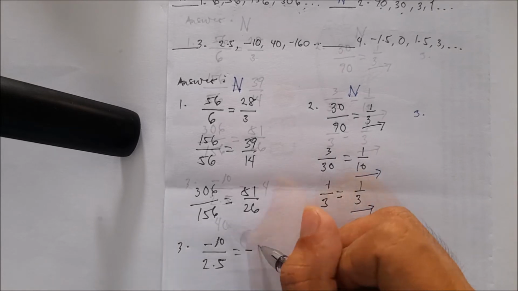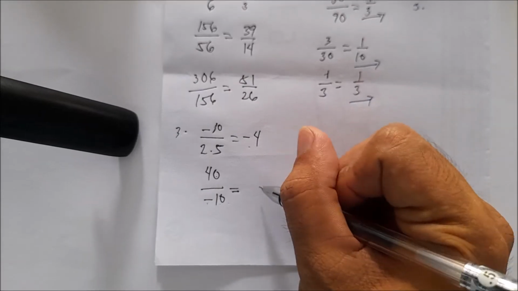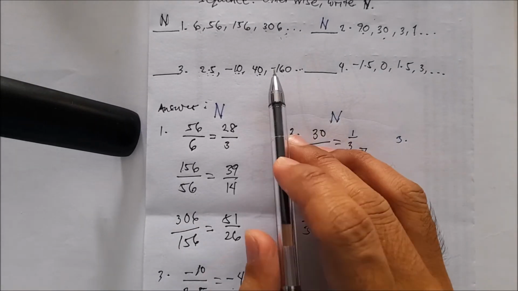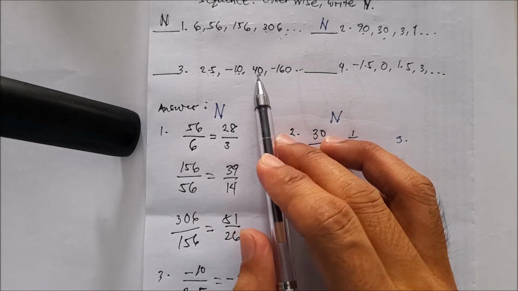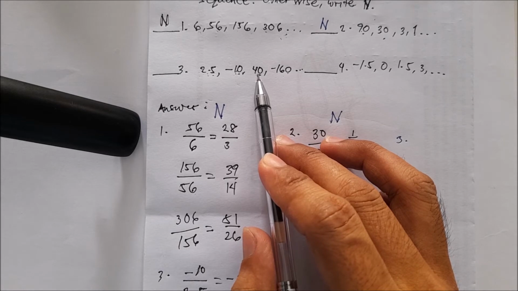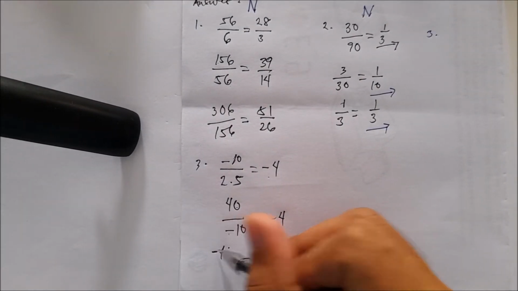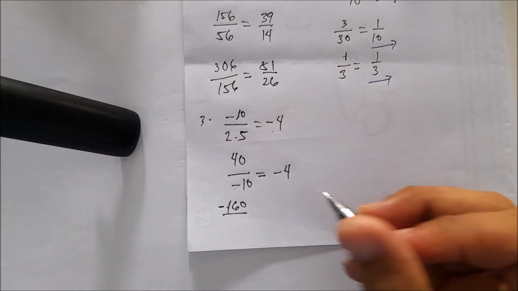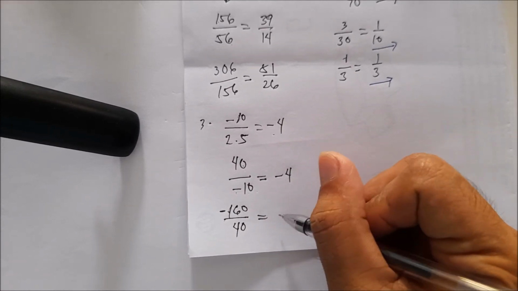Negative 10 over 2.5 equals negative 4. So next term, negative 160, divide natin sa third term, which is 40. So negative 160, divide natin siya sa positive 40, and this equals negative 4.